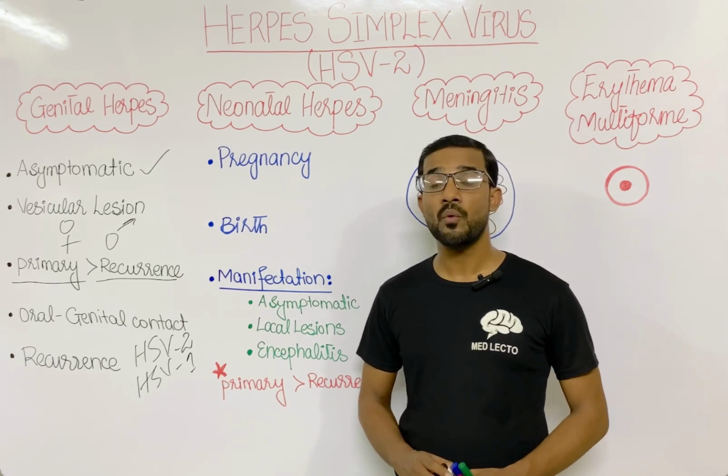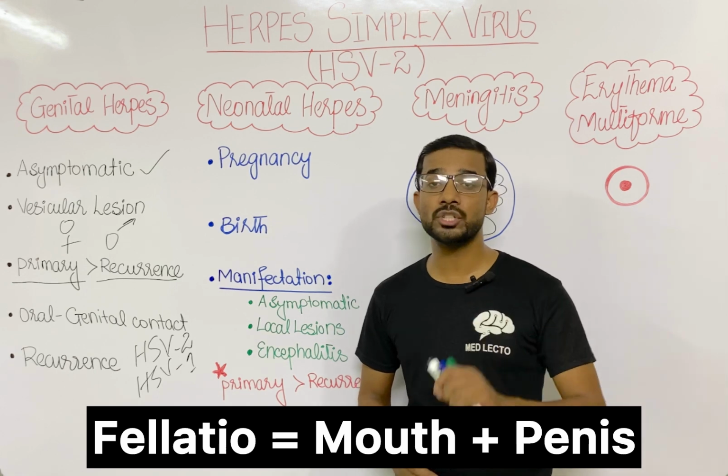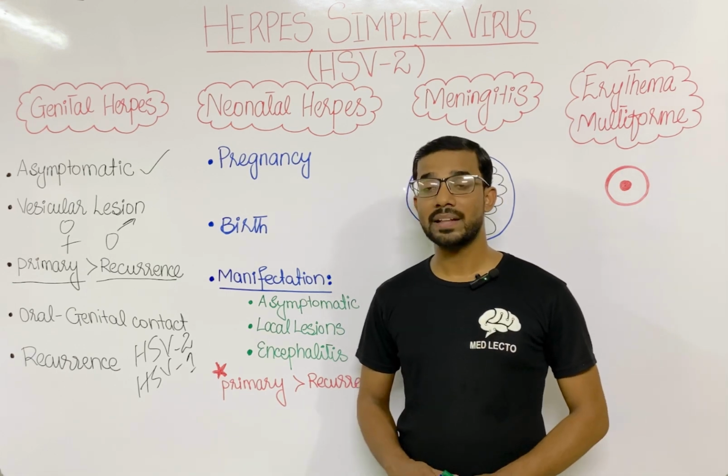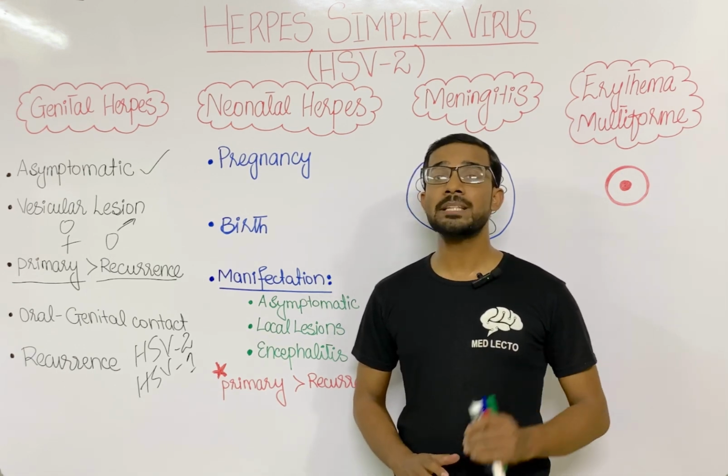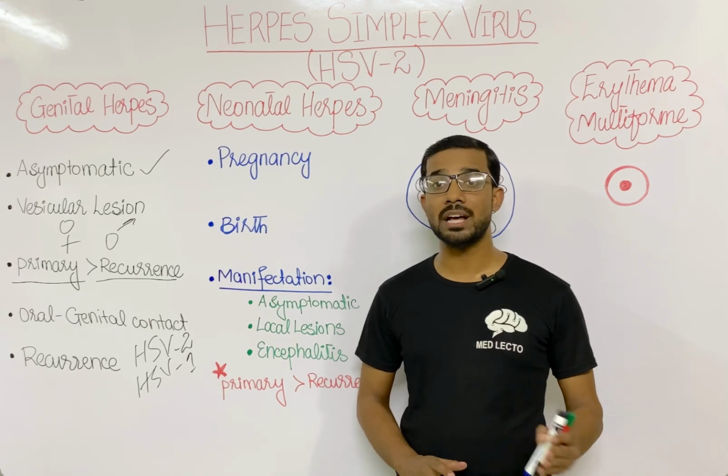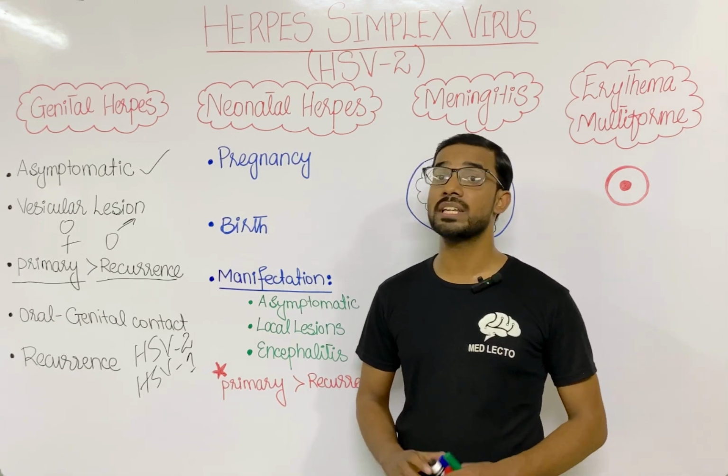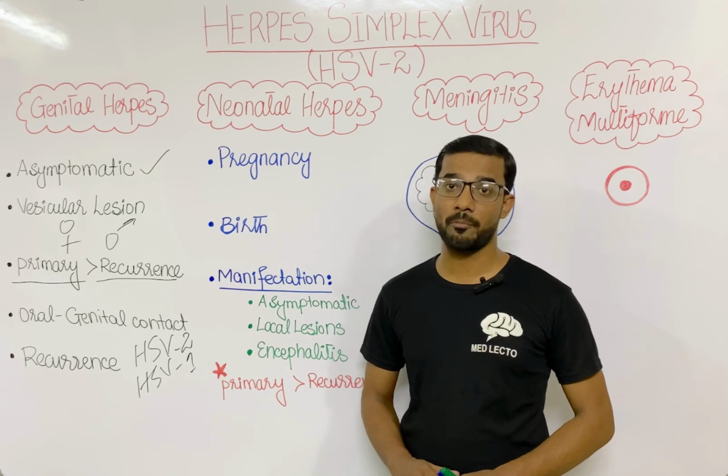In fellatio, when the mouth touches the male penis, herpes simplex virus type 1 can be transmitted to the penis and cause herpes in the male.